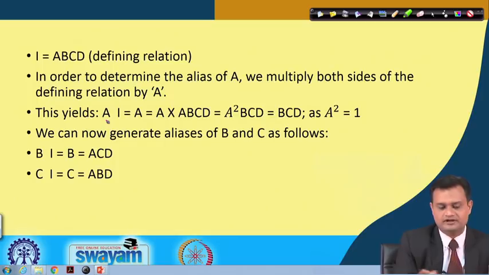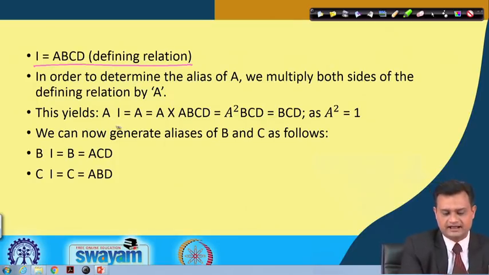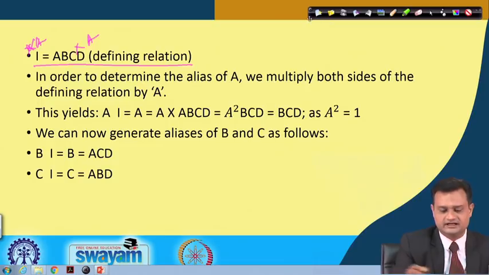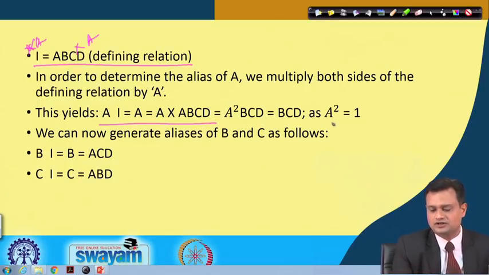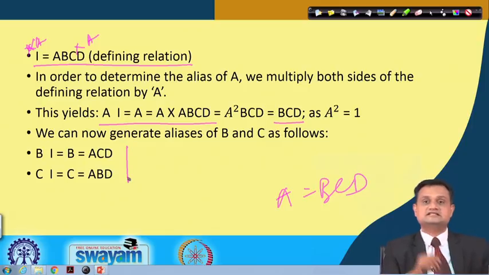So I have the defining relation I equal to ABCD. I can multiply both sides by A, and what you get is BCD. So you basically have A equal to BCD. Similarly, B is equal to ACD, C is equal to ABD.